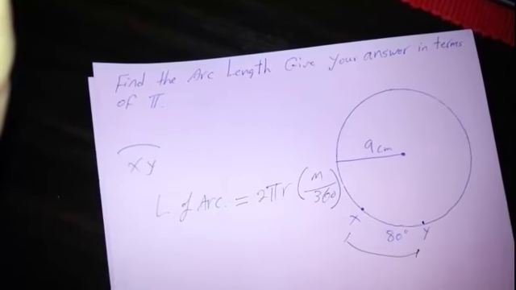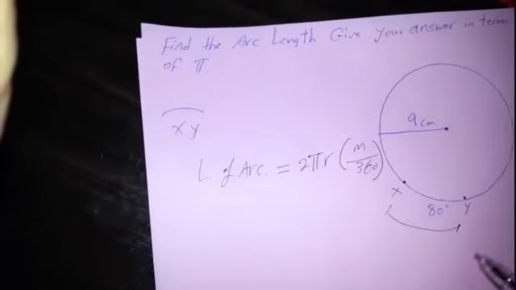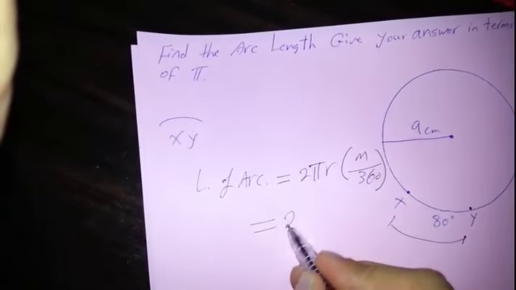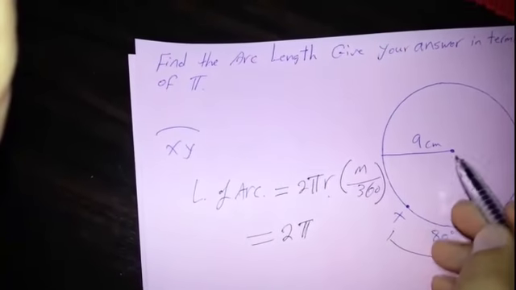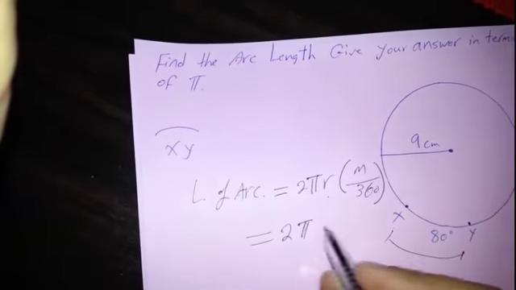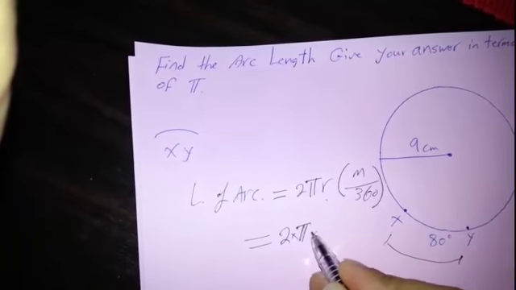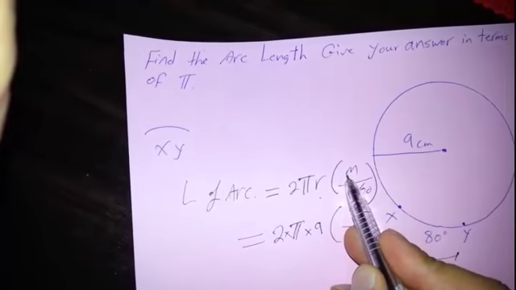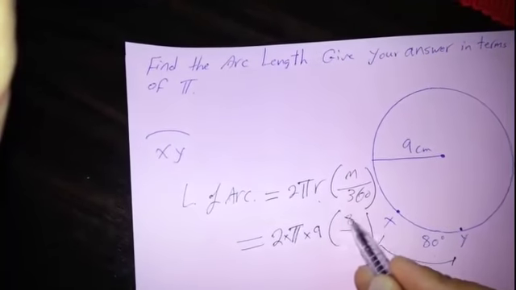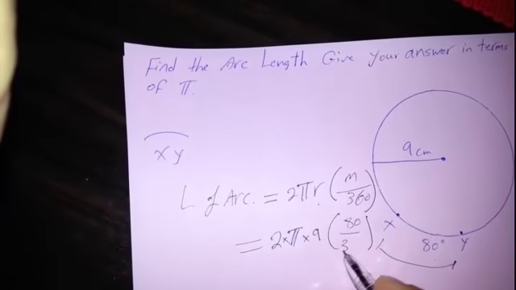We know m is the measure of the arc. So here it will be 2, multiply r, which is the radius, and we can see the radius is 9, so multiply 9, multiply m, what is m? 80, and over 360.